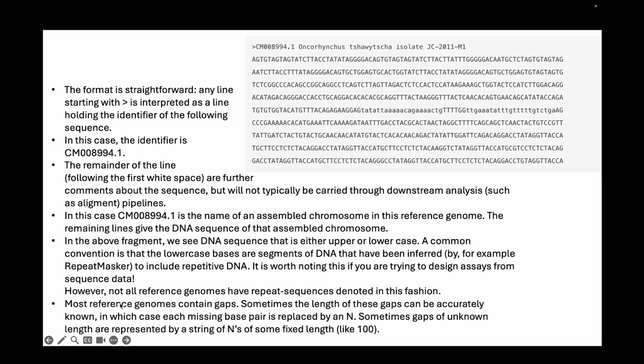But just to remember, not all reference genomes will have these repeat sequences denoted in this manner. Some will just straight up be the same across all. So you're not giving that information to your alignment software that this part is repeated. It does whatever it does. Sometimes it will be deleted, sometimes it will be substituted with N. If it is substituted with N, what you're trying to say is, I know this is a problematic region of the genome and I do not want any kind of alignment using this part.